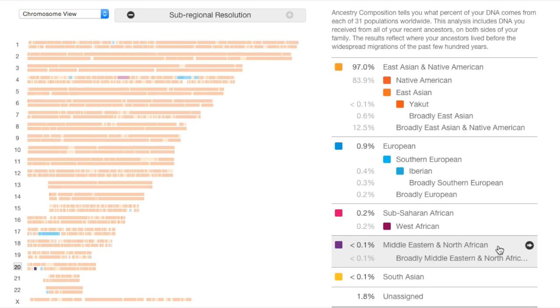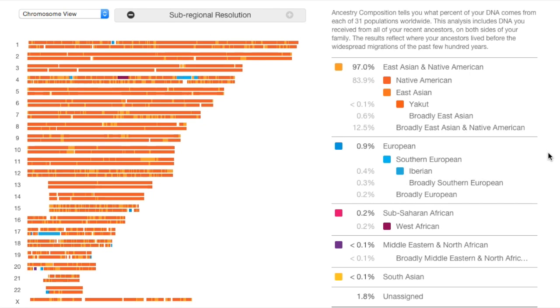My dad also gets 0.1 Middle Eastern and Northern African, which is considered noise too, and 0.1 South Asian. I think basically all of this is considered noise. It's too small to determine. Some people say this, some people say that. I consider this not true.